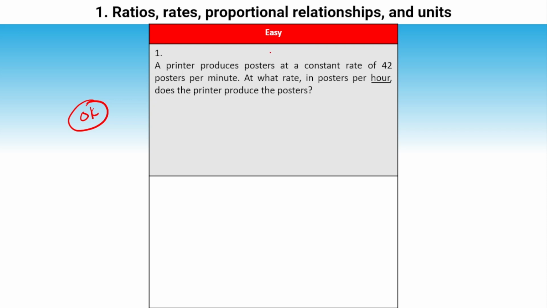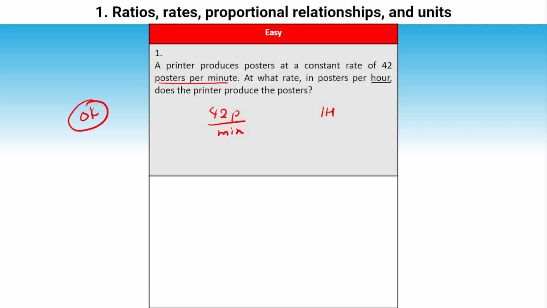First of all, let's see the easy one. Number 1: a printer produces posters at a constant rate of 42 posters per minute. At what rate, in posters per hour, does the printer produce the posters? So we have to just convert posters per minute into posters per hour. Simply change the unit. So 42 posters per minute, right?